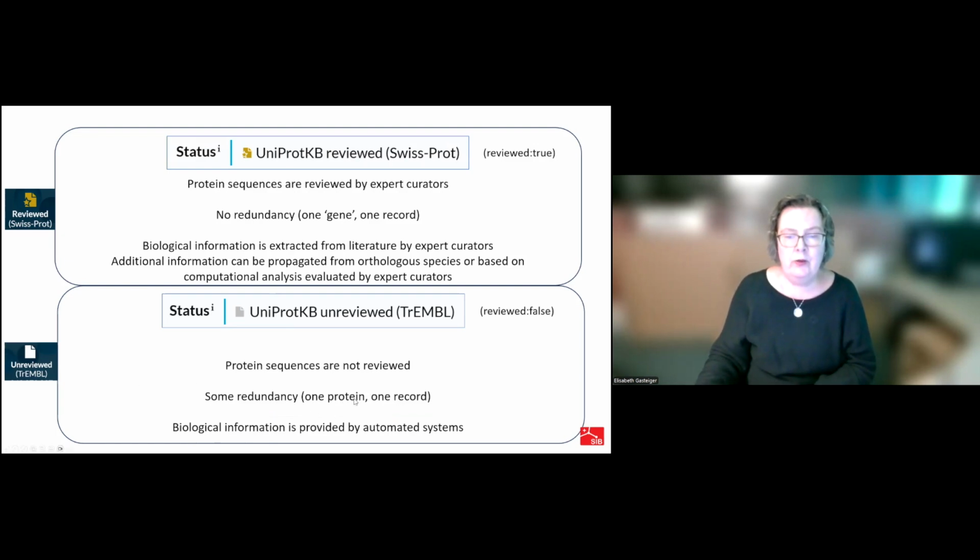There is one protein sequence per record, and there can be many sequences for the same gene. As far as biological information is concerned, in Swiss-Prot, it is extracted from the literature, but additional information can also be propagated from orthologous species or based on computational analysis, which is, however, always evaluated by the curators, while in TrEMBL, the little biological information there is provided by automated systems.